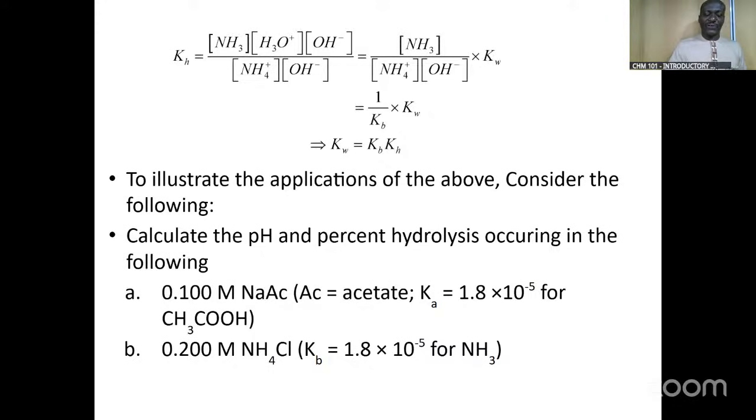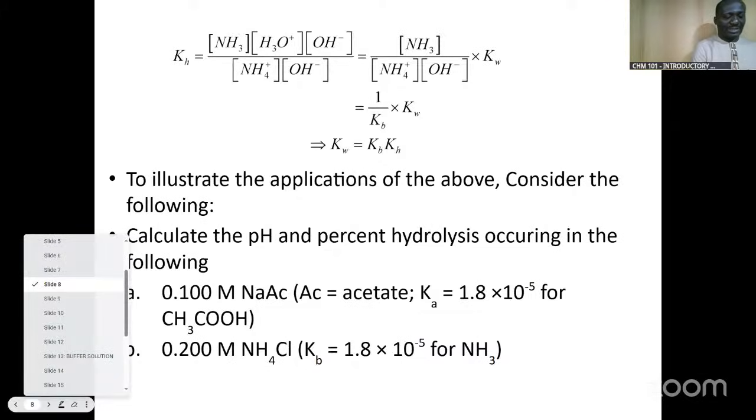The first question says you have to calculate the pH and the extent or percent hydrolysis occurring in the following: you have 0.100 molar sodium acetate, given that the acid dissociation constant for acetic acid is 1.8 × 10^-5. Now let's take our time to go through that.